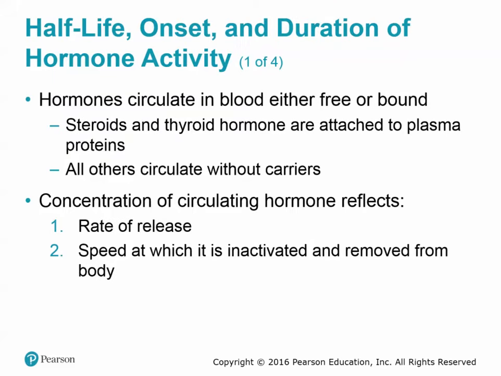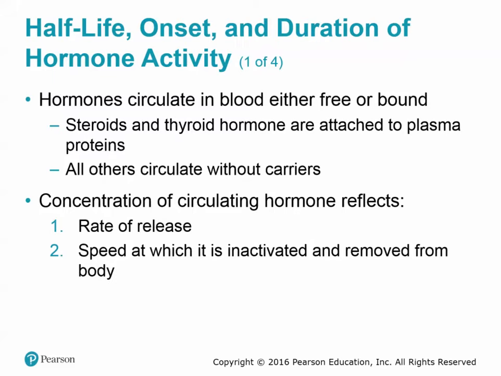The steroids and the thyroid hormones are generally going to be attached to plasma proteins because remember we said they are lipid soluble, and a big component of blood is water, or fluid. So in order for these steroids to be transported throughout the blood, they're attached to plasma proteins to help carry them through that water or plasma fluid.